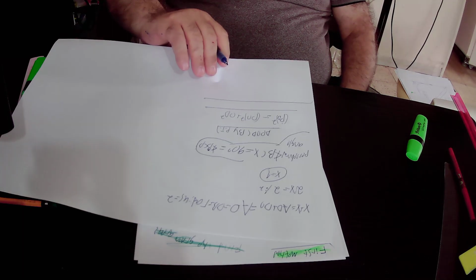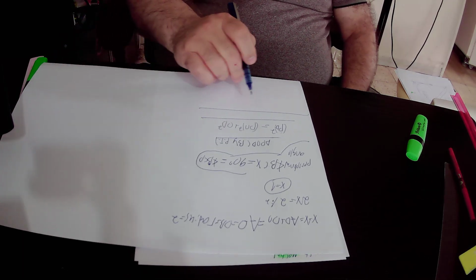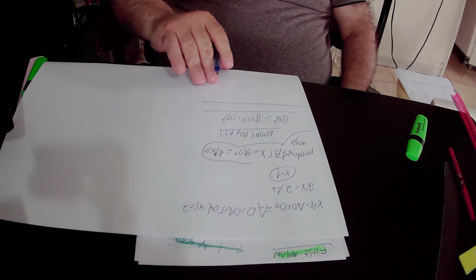I repeat again, in the right triangle POD, PD square equals PO square plus OD square.